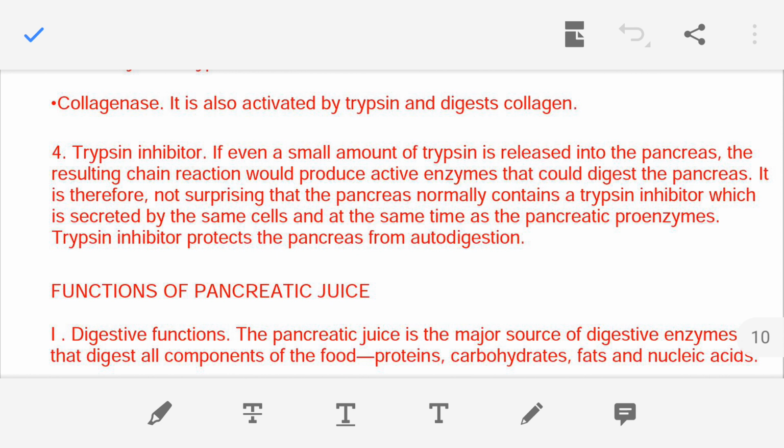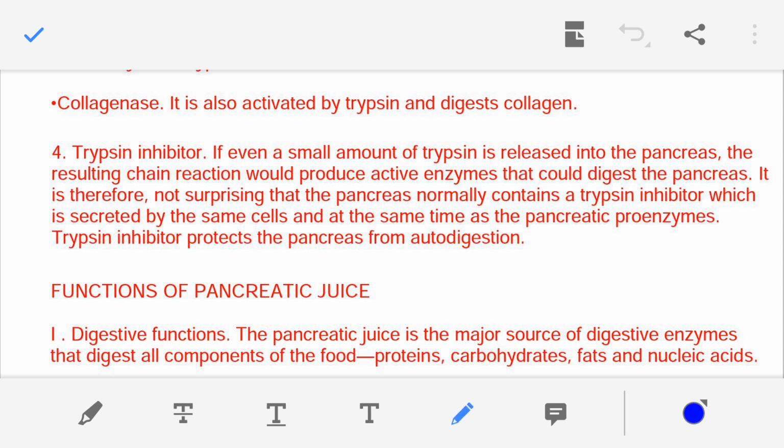Now, an interesting point to notice regarding the pancreatic juice: the acini of the pancreas, the glandular epithelium with pyramidal-shaped cells, secrete pancreatic juice, as we learn in histology.